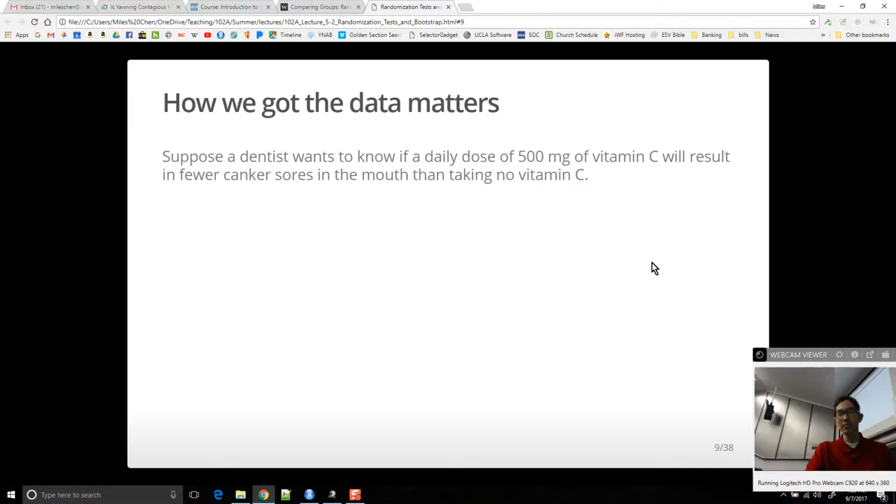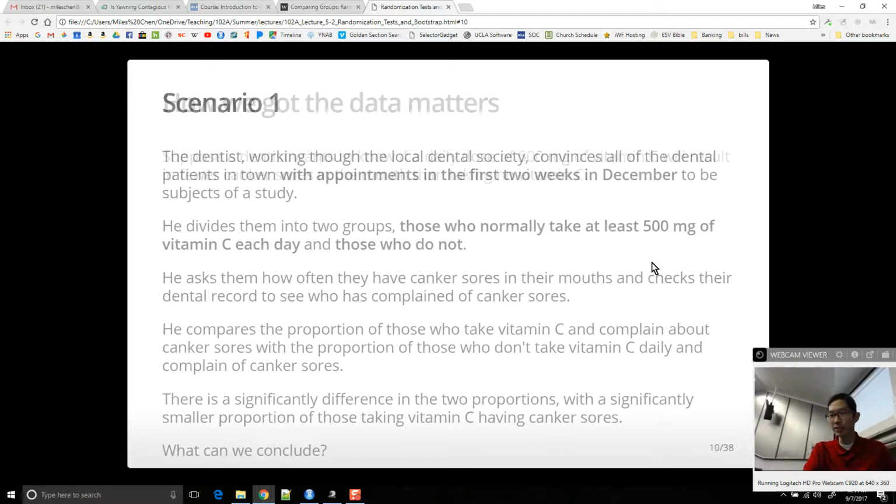We've got a few scenarios. This is going to feel a little bit repetitive, but the whole point is to emphasize that each of these scenarios is a little bit different, and therefore the conclusions and the applications that we can make are different in each case.